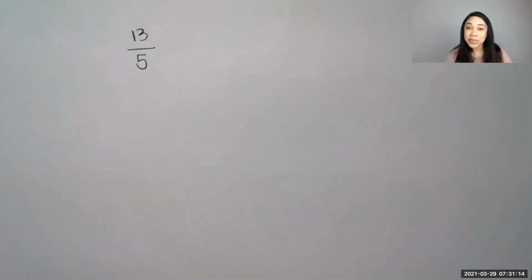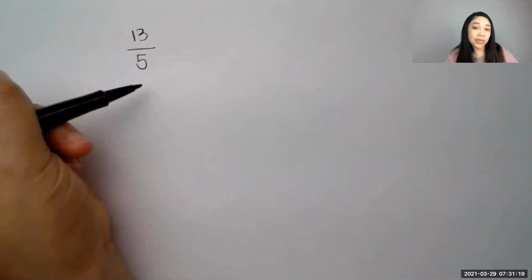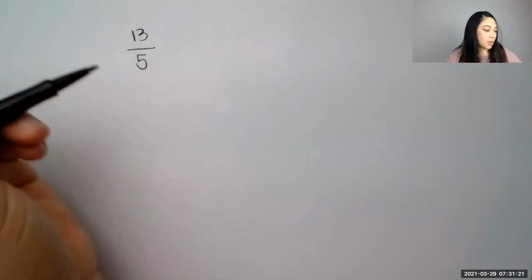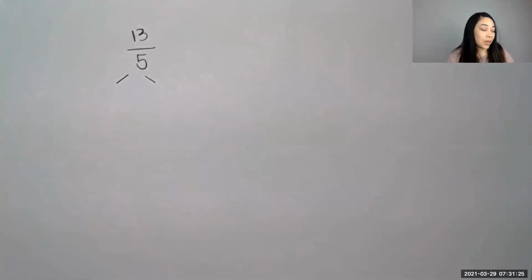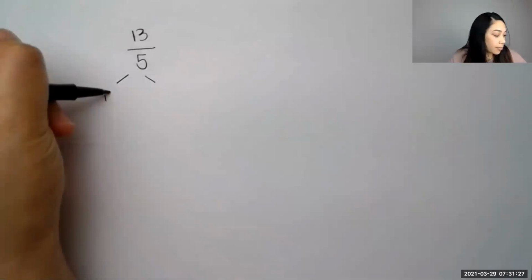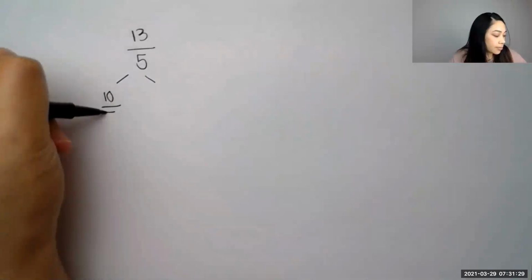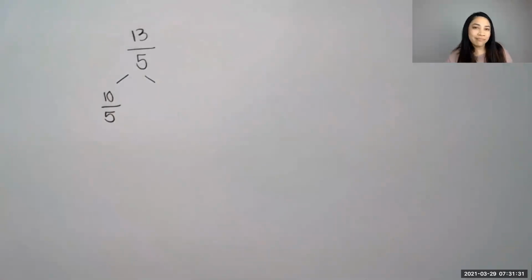So we'll decompose 13/5 using a number bond. 13/5 is the whole. We can show 10/5 as one part. Think, what's the other part? 3/5.